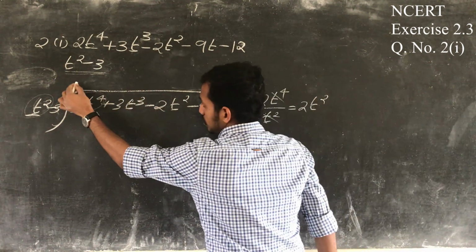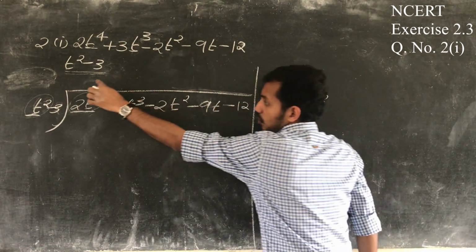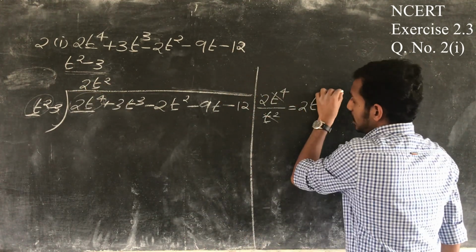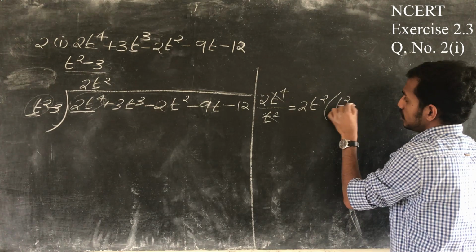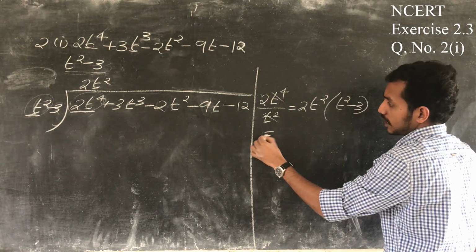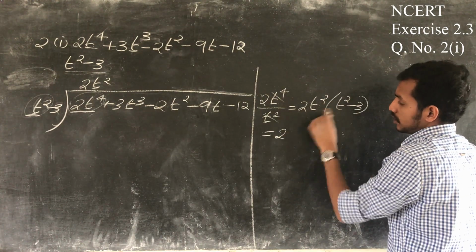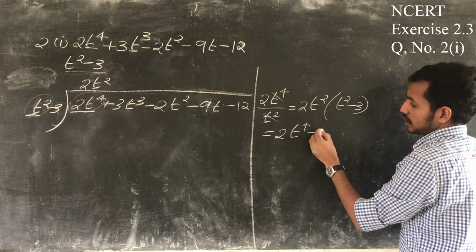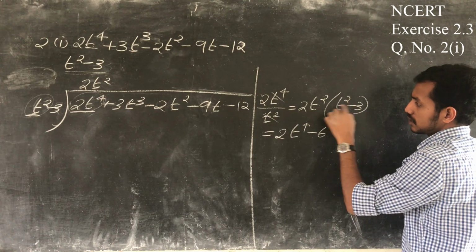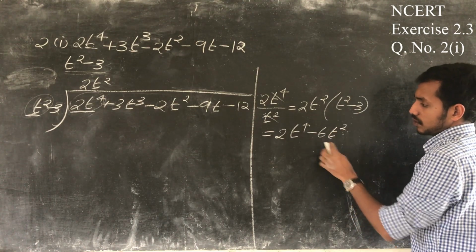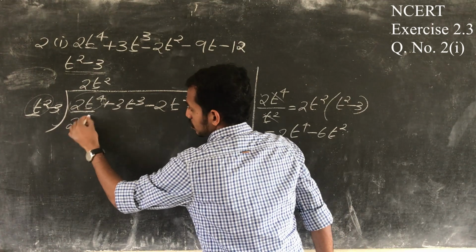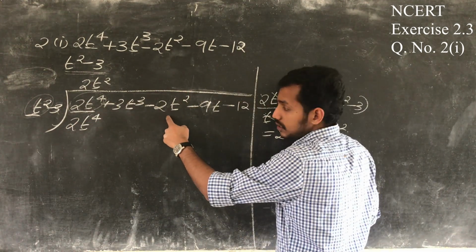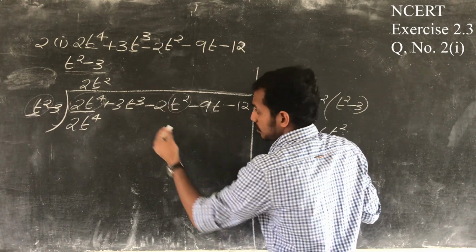So put this as the first term of the quotient, 2t square, and multiply with the divisor t square minus 3. You will get 2 into t square into t square, which is 2t raised to 4, minus 2 into 3, that is minus 6t square. Write it here, 2t raised to 4 and minus 6t square, below the term which consists of t square.